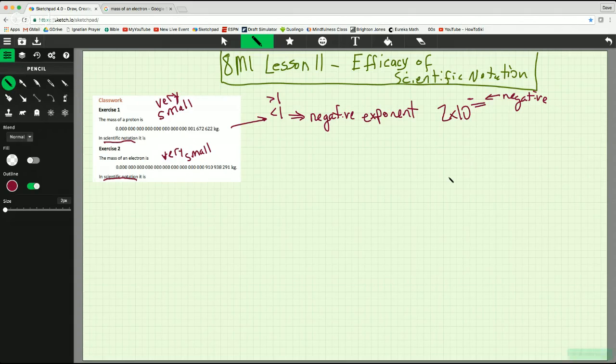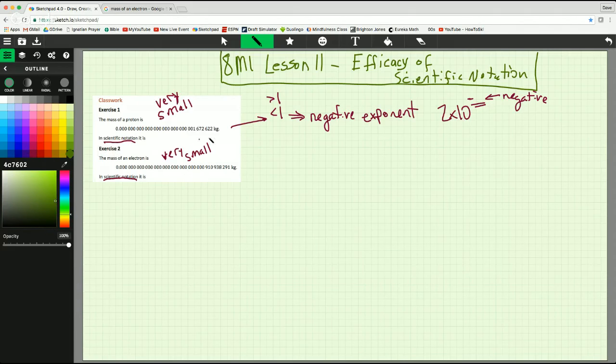Okay, so I'll leave you to lessons 7, 8, 9, and 10 to understand exactly how to answer this if you don't know how to do it. But let me just give you the answer: 1.672622 times 10 to the negative 27th kilograms.